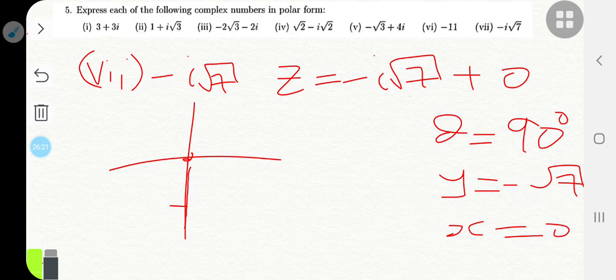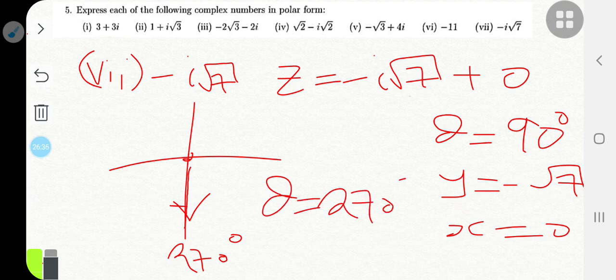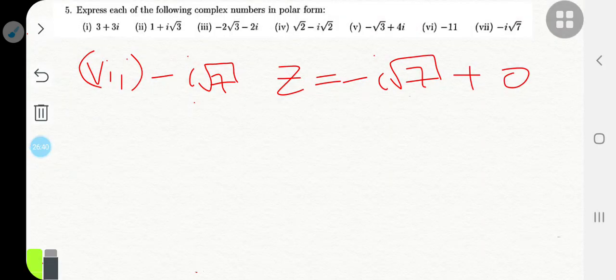So my x there, my y, the negative root of 7, I know it will appear somewhere there. So it's falling in this direction where there is an angle of 270 degrees. So meaning that our true angle we are supposed to use is 270 degrees.